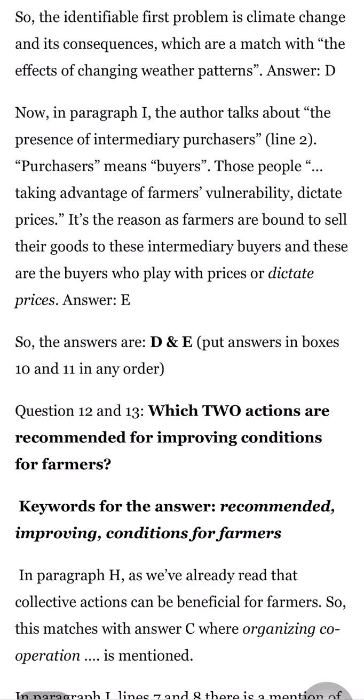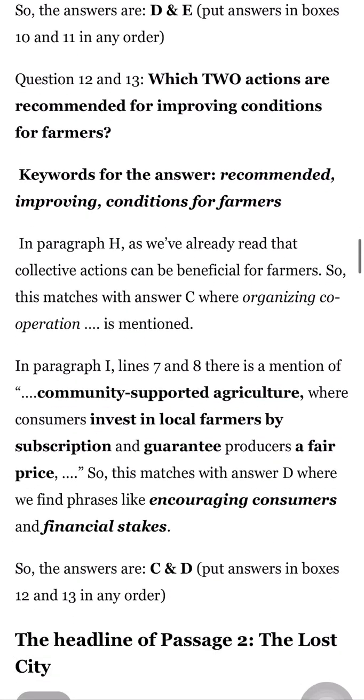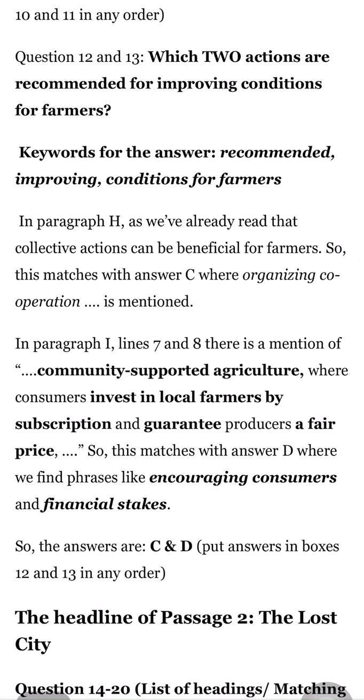Question 12 and 13. Which two actions are recommended for improving conditions for farmers? Keywords for the answer: recommended, improving, conditions for farmers. In paragraph H, as we've already read, collective actions can be beneficial for farmers. So, this matches with answer C, where organizing cooperation is mentioned.